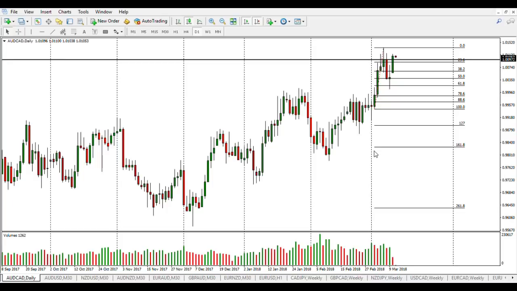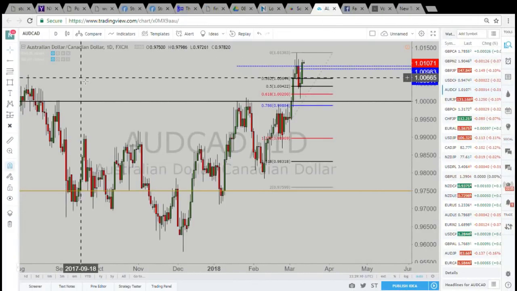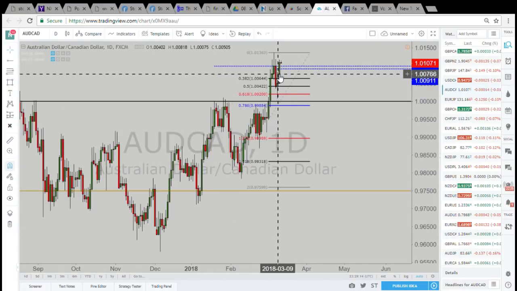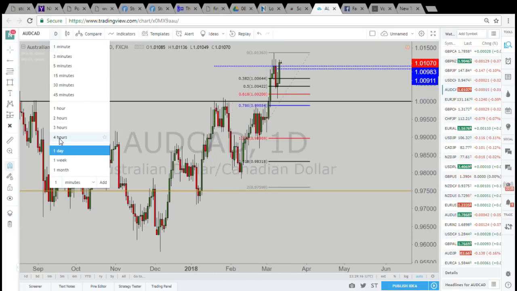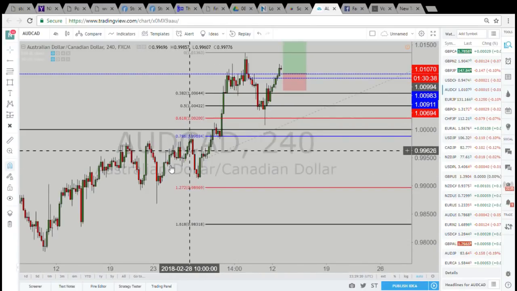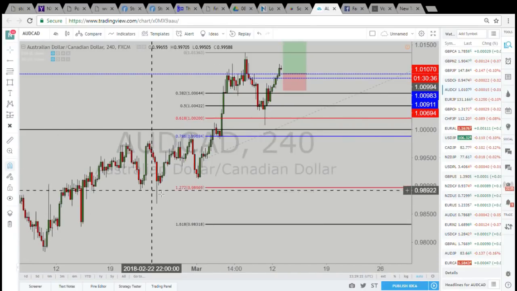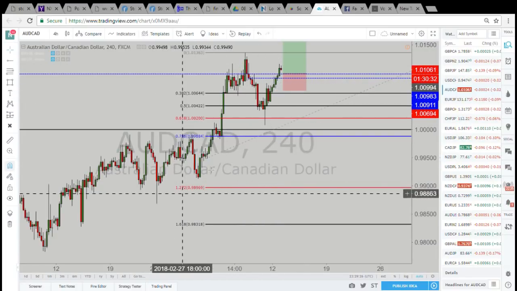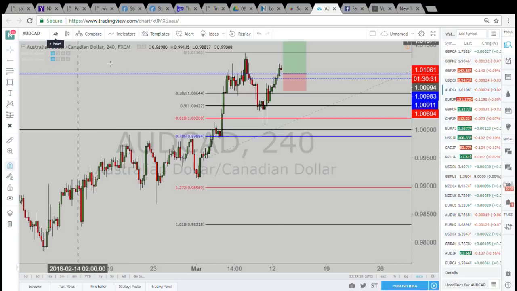What I'm going to do now is go to TradingView because I like it better, and I just use MetaTrader 4 for the volume analysis. Okay guys, so here we are on TradingView, and I've marked up a few extra lines, and we're going to go down to the 4-hour time frame and the 1-hour time frame, and dissect this a little bit more. We had higher lows and higher highs on the 4-hour time frame, showing that this time frame is bullish as well as the daily.